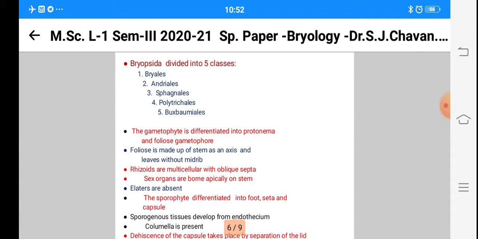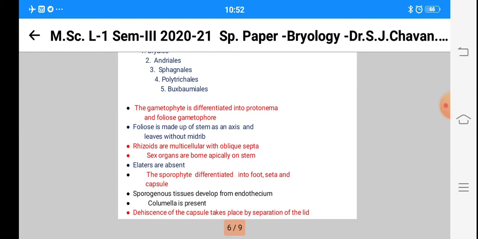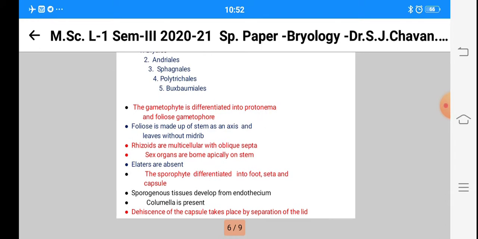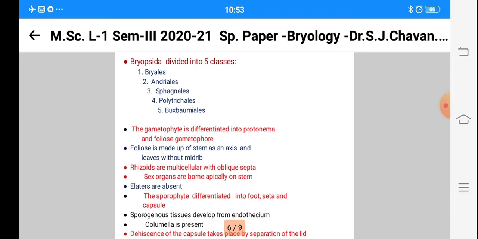In the foliose gametophore, they develop an axis and leaves without midrib in Sphagnum-like mosses, while other mosses show the presence of a midrib. Elaters are generally absent, and rhizoids are multicellular as compared to the Anthocerotales and the Marchantiales. In Anthocerotales only smooth-walled and tuberculate rhizoids occur, and in Marchantiales they show both tuberculate and smooth-walled rhizoids.